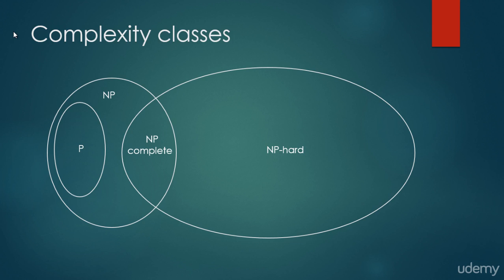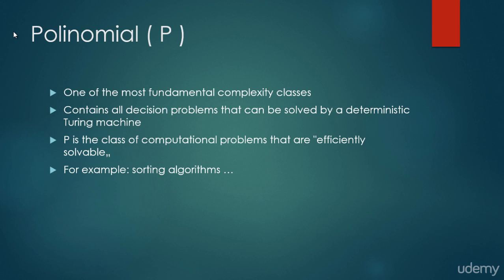All of these problems are in polynomial. Then the NP stands for non-deterministic polynomial. The most important problem is whether P is equal to NP or not. Then the NP-complete and the NP-hard are the hardest problems. In the 21st century they will be known. So let me say a few words about both of them.